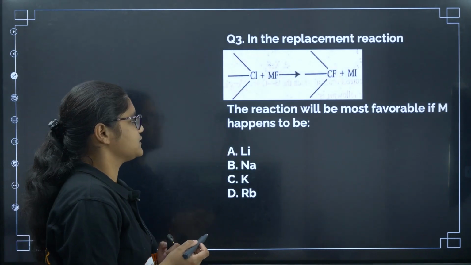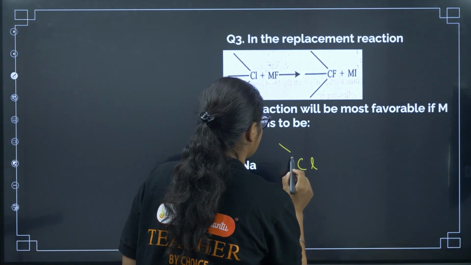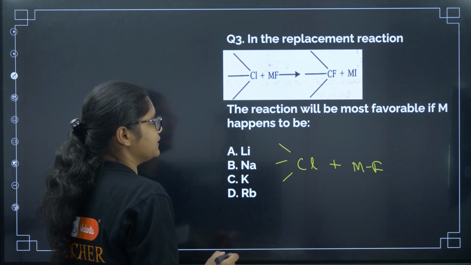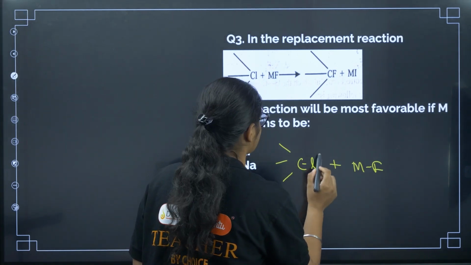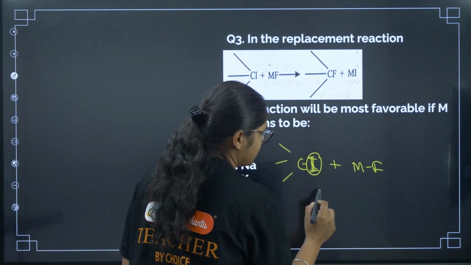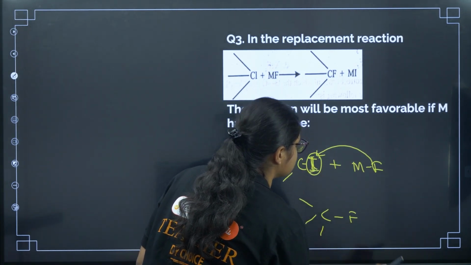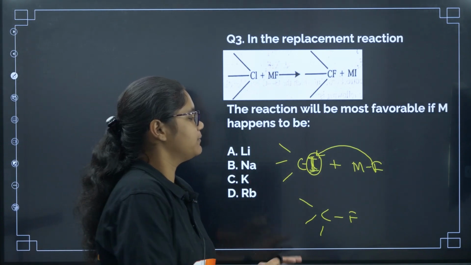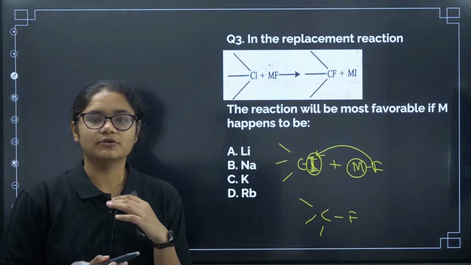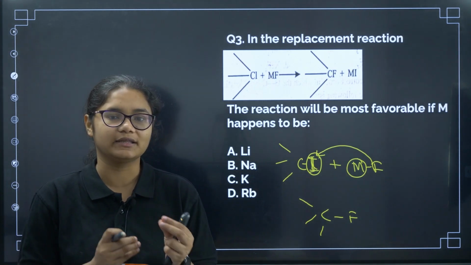Now coming to the next question. This is somewhere related, like we have one Cl and one metal and F. What has happened here is that this bond has broken and this bond has formed. Now the question is, which metal will have this reaction faster? That means the bond has to break easily. It has to be an ionic bond so that it can break.